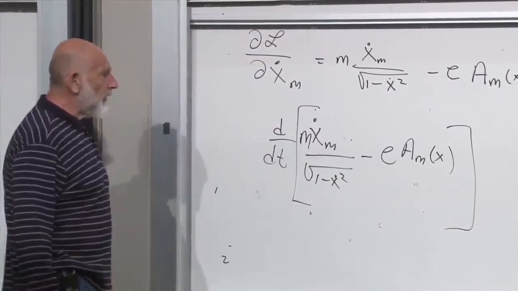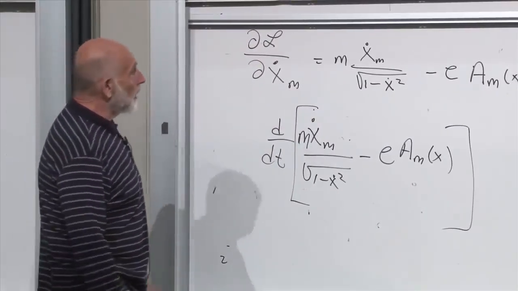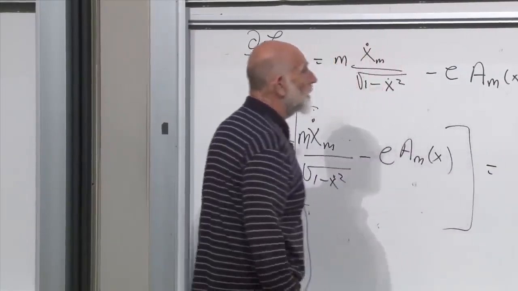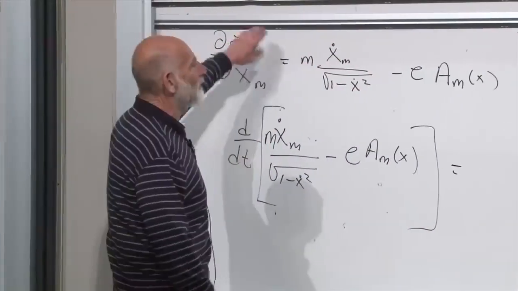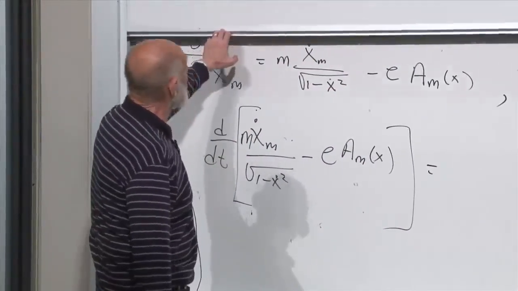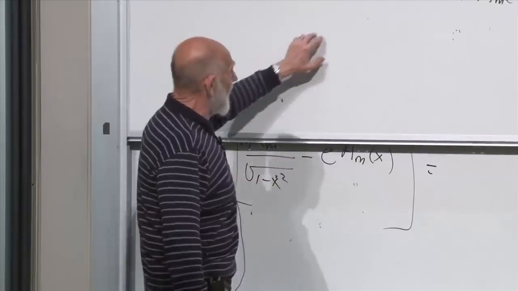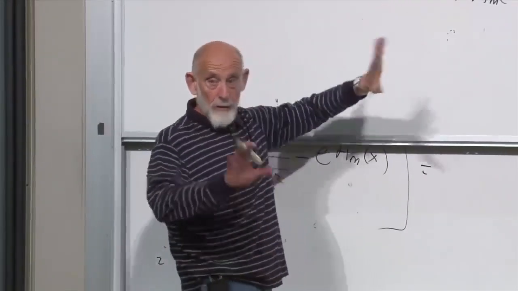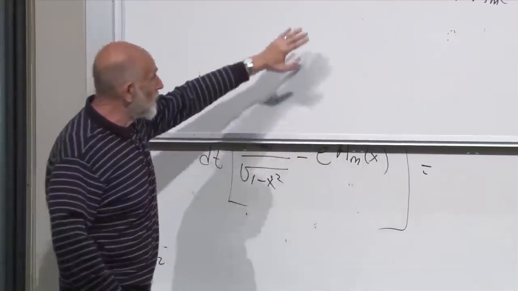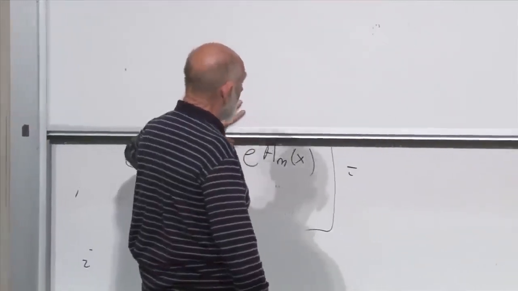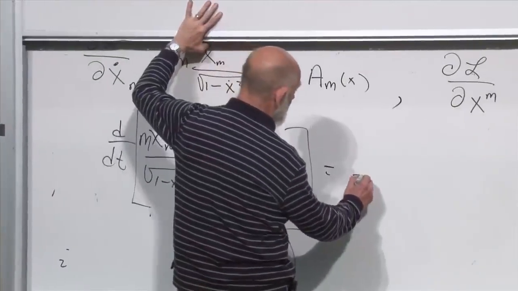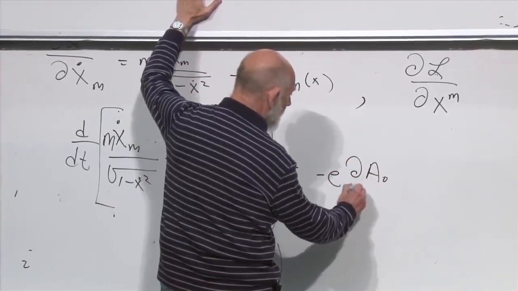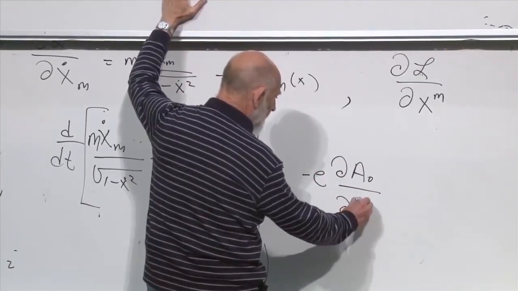All right, so here we have the left-hand side of the Euler-Lagrange equation. And what do we have on the right-hand side? On the right-hand side, we have the derivative of the Lagrangian with respect to x m. So where does it depend on x m? A naught depends on x. It's just thought of now as a fixed known function of the positions of the particles. And so on the right-hand side, we will have minus e times the derivative of A naught with respect to x m.